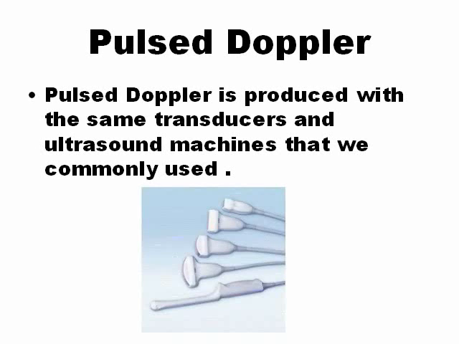Pulsed Doppler is produced with the same transducer that we generally use, the common transducer. Look in the picture, any of the transducers that we use can make pulsed Doppler, the same transducers.